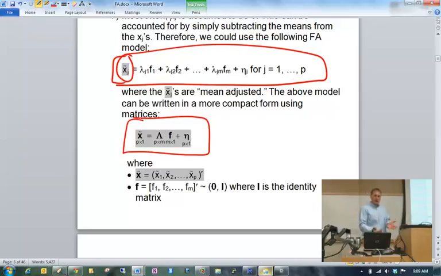Also, in terms of matrices, what does this mean? Well, remember all these f's are independent of one another. They have mean of 0, variance of 1. That says f is distributed with a mean vector of 0 and a covariance matrix of I, the identity matrix.